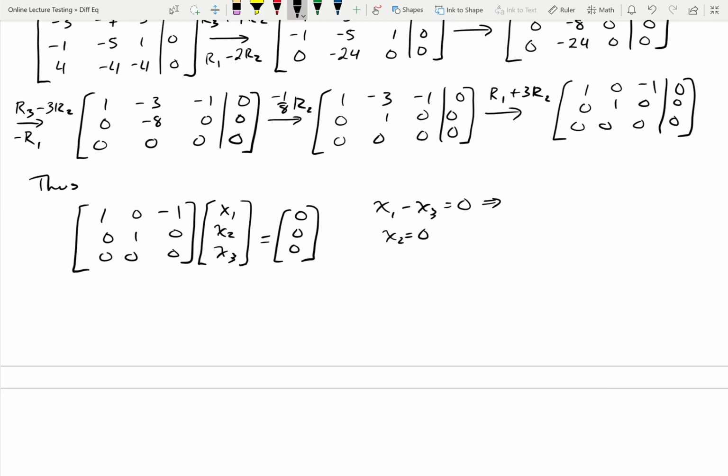So this implies that x1 is equal to x3. So a non-trivial solution is, letting x1 equal 1, we get 1, 1, and then x2 has to equal 0, and that is our eigenvector.